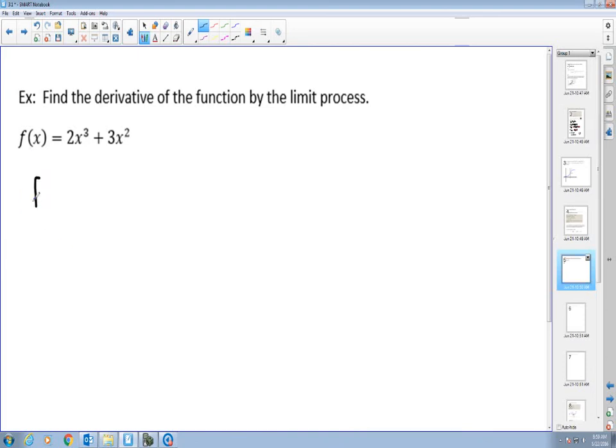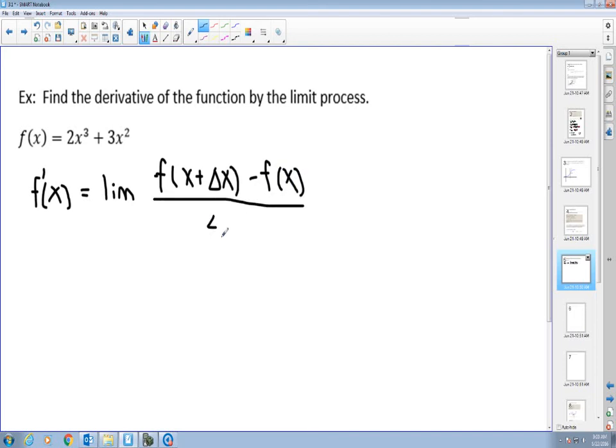So let's find the derivative. f prime of x will be the limit of f of x plus delta x minus f of x over delta x, as delta x approaches 0.